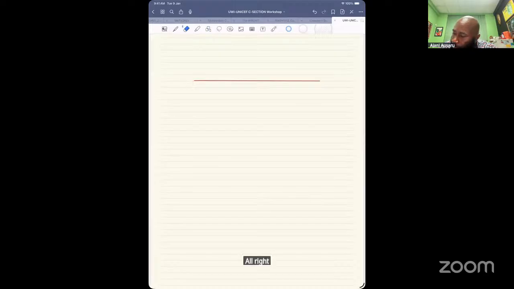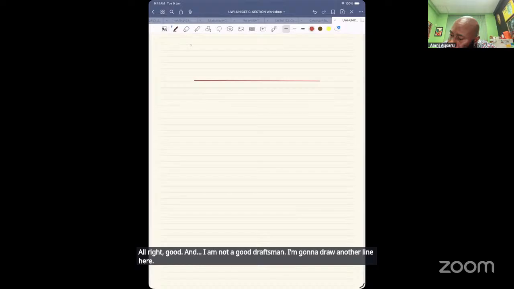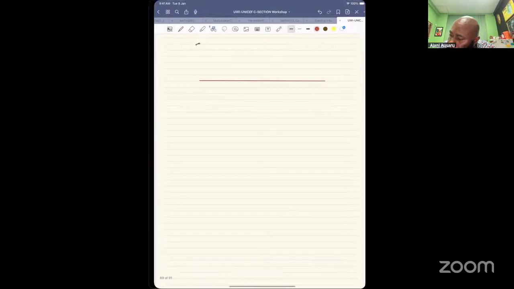All right, good. And I am not a good draftsman. I'm going to draw another line here. So what am I going to do here? I am going to draw a little man here.